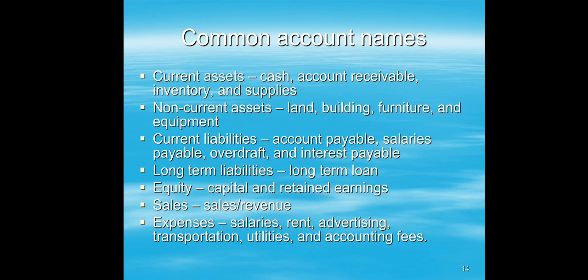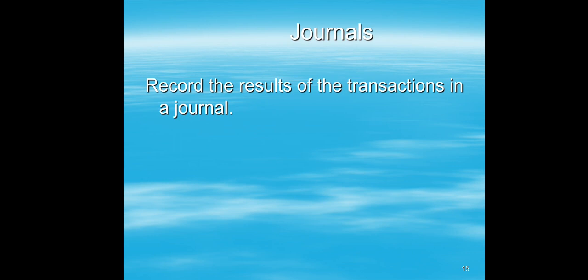Okay, so these are common names of accounts. In accounting, when you want to record a transaction, you have to record in several accounts maybe. So these are the common account names that you will use in accounting. So back to the journal.